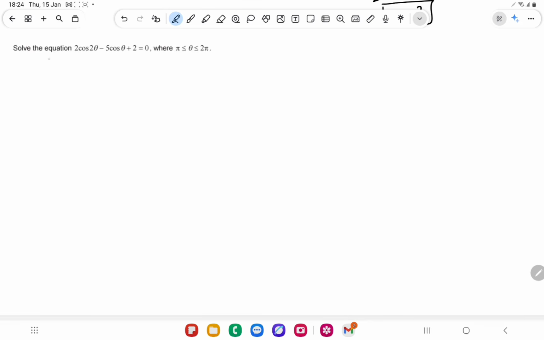Now in this question we have to solve the equation, where my theta belongs from pi to 2 pi. Solving equation means we have to find the value of theta. So if you see in your formula booklet, you can use double angle identity of cos 2 theta as 2 cos square theta minus 1.